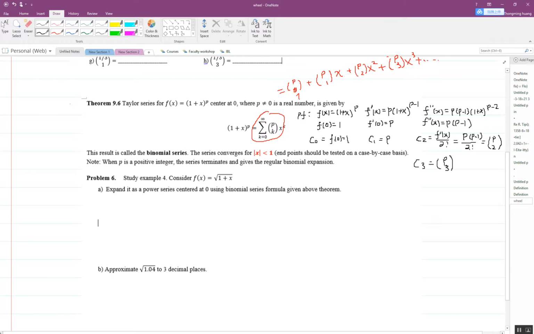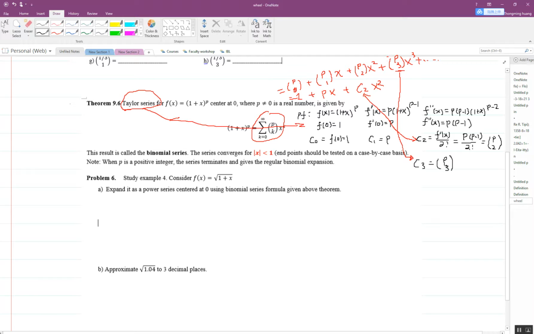This is just 1, and this is just p times x. And this is my C2 times x squared, where C2 is right here. And this guy is my C3, the coefficient for x cubed. So they are the same thing. That's why this is a Taylor series.